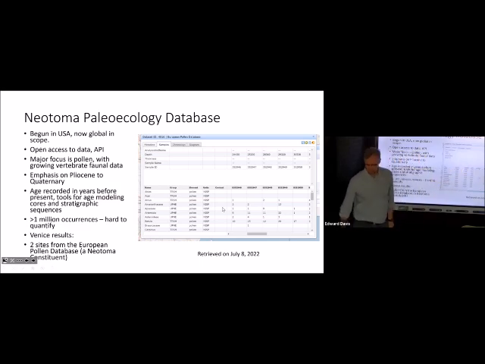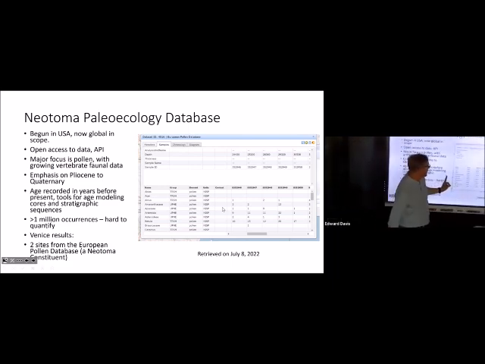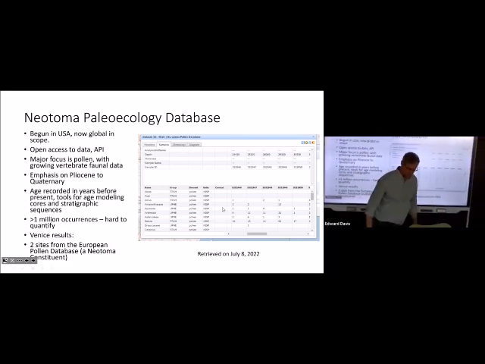So the core data can't be plotted with an abundance versus time plot, which is one of the cool things that this database will do for you automatically. So that's what you see right now: just a list of plant taxa and then pollen counts from different levels in the core.